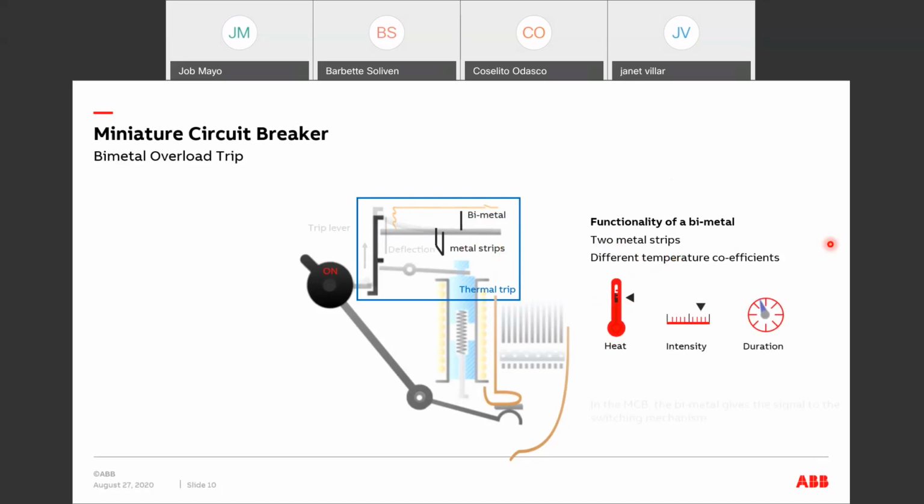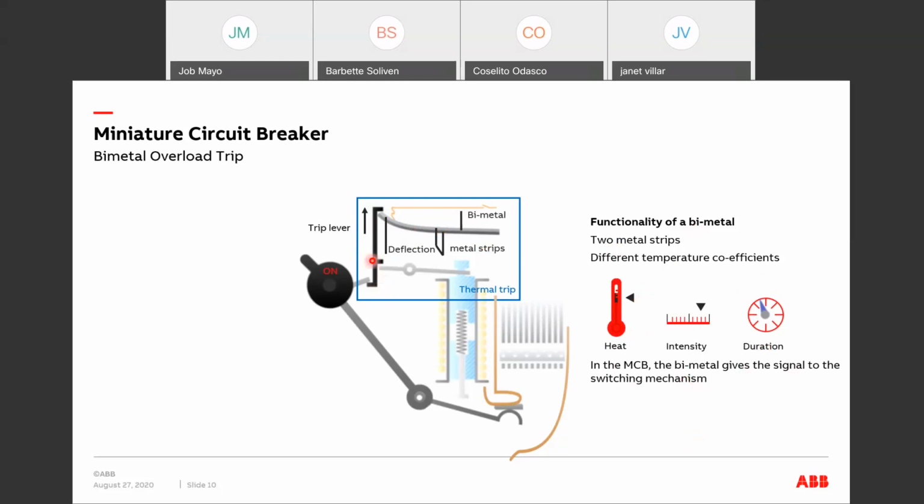So if an MCB, if the bimetal strip detects an amount of heat which is correlated to the current intensity at a certain period of time, the bimetal strip gives the signal to the switching mechanism.